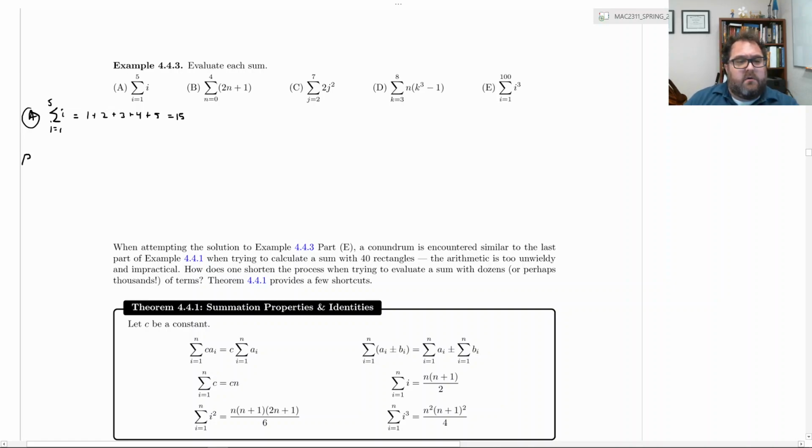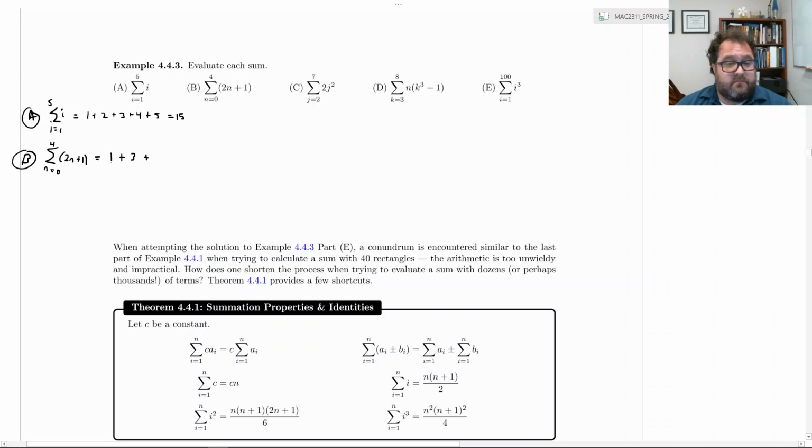That's easy enough. Okay, what about B? We have the sum from n equals 0 to 4 of 2n plus 1. So we plug in a 0. What do we get? 2 times 0 plus 1, you get 1. Plus, plug in a 1: 2 times 1 is 2, plus 1 is 3.